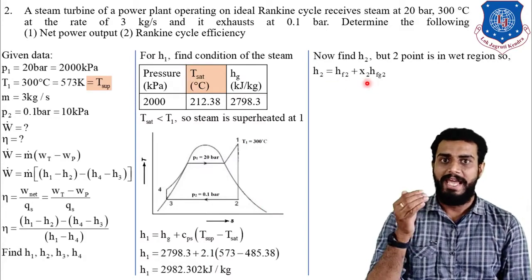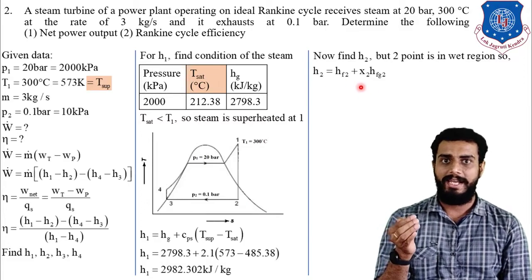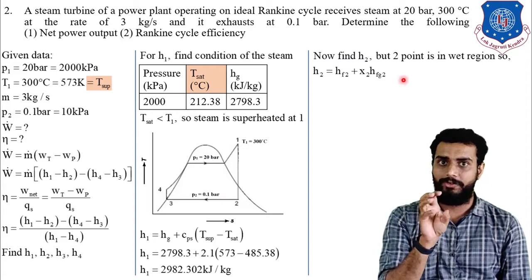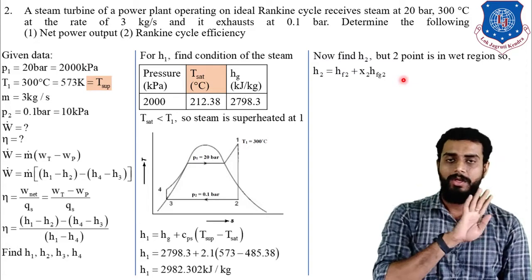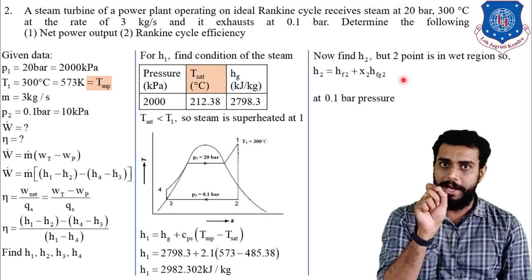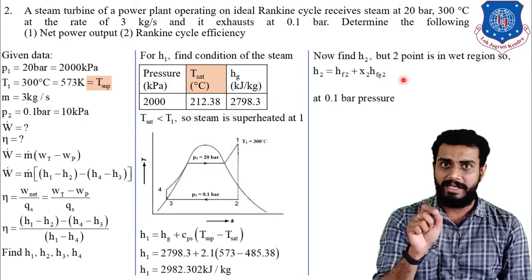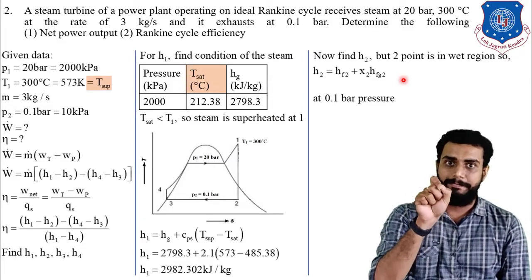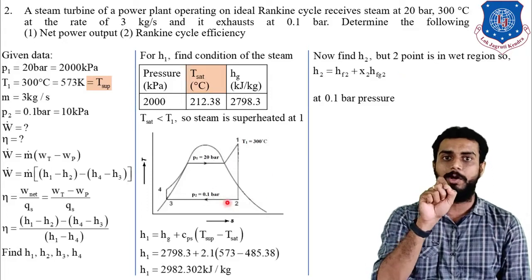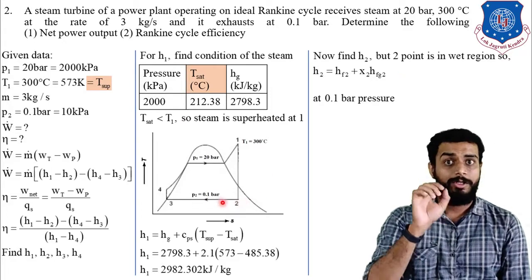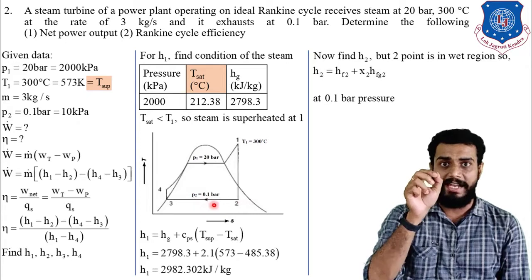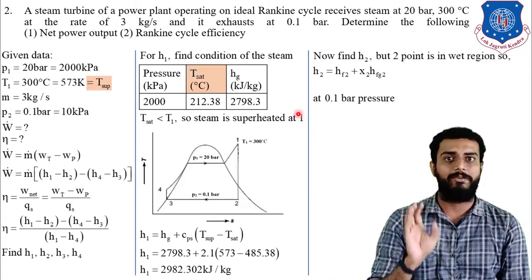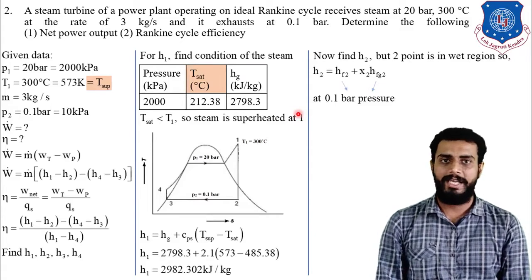You should have the values of Hf2, X2 and Hfg2. Now remember students, point 2 is in the wet region, and the pressure corresponding to point 2 is 0.1 bar. So you can identify the values of Hf and Hfg at pressure 0.1 bar from the steam table, right? Clear everyone?